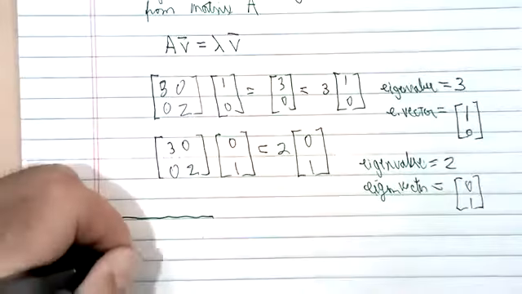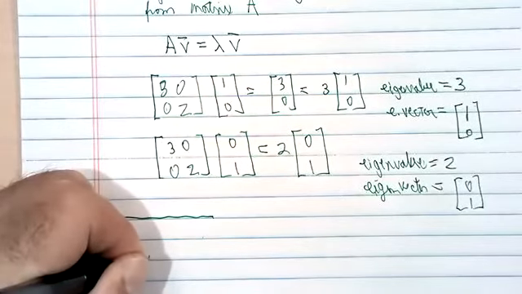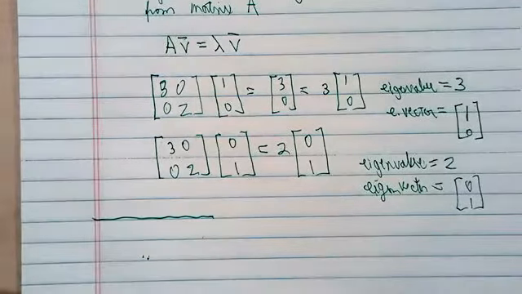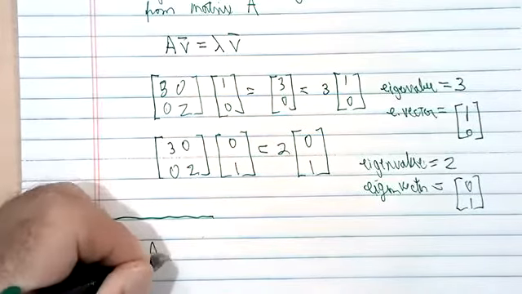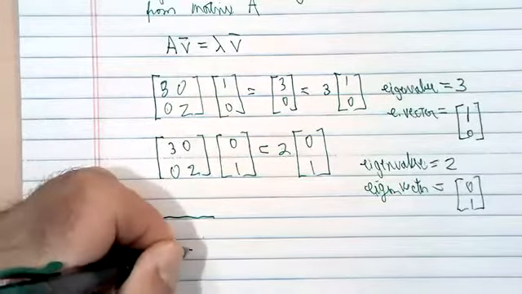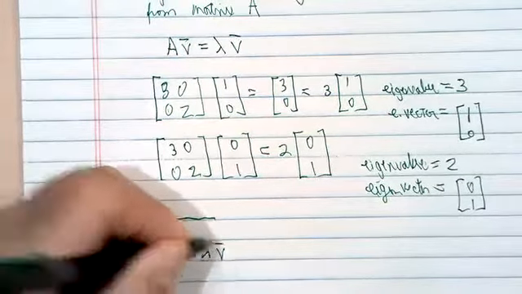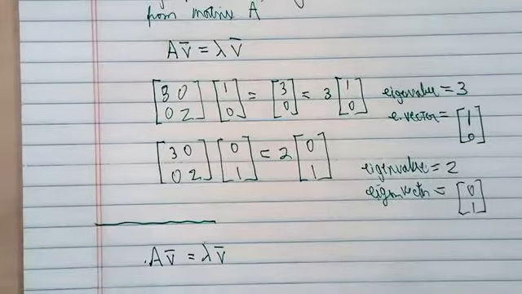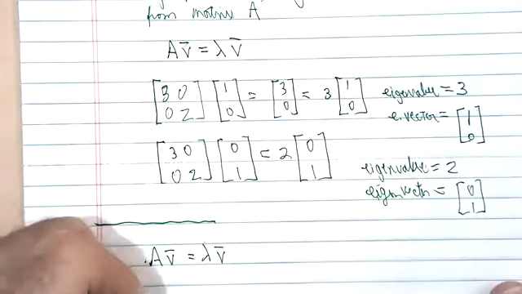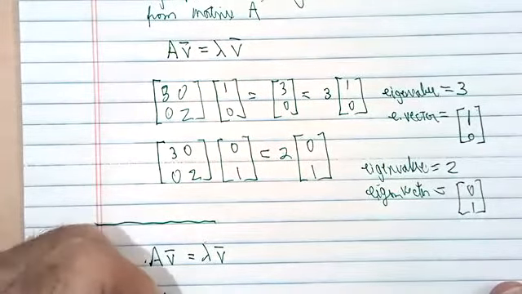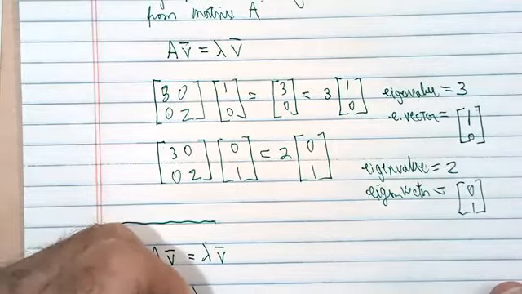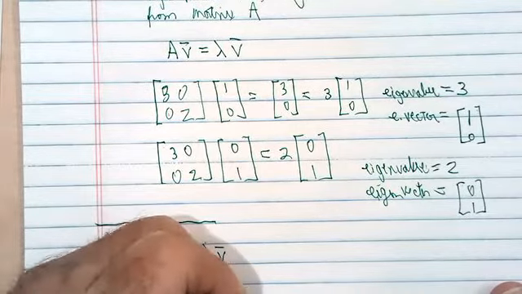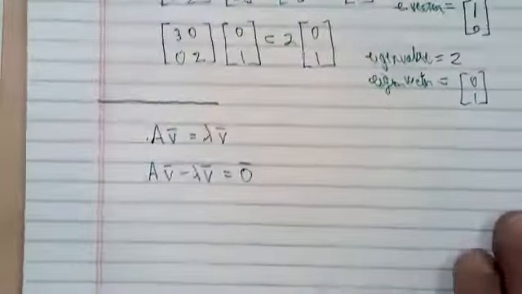Well, let's write down this equation. What we're saying, in order to have an eigenvalue, eigenvector pair, is that Av equals lambda v. Now, you could write it this way: Av minus lambda v is the zero vector.